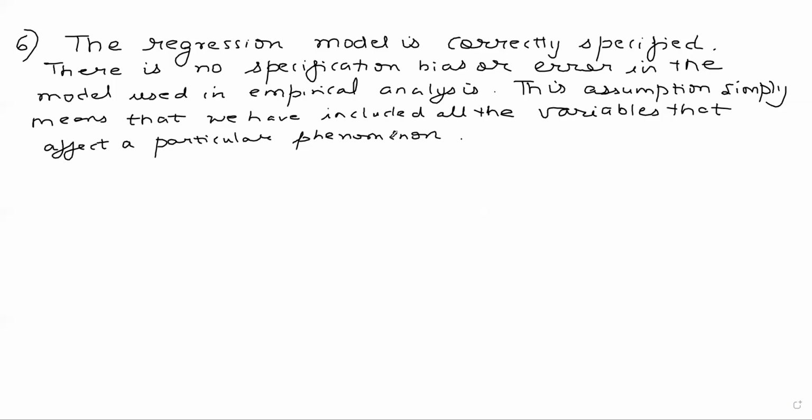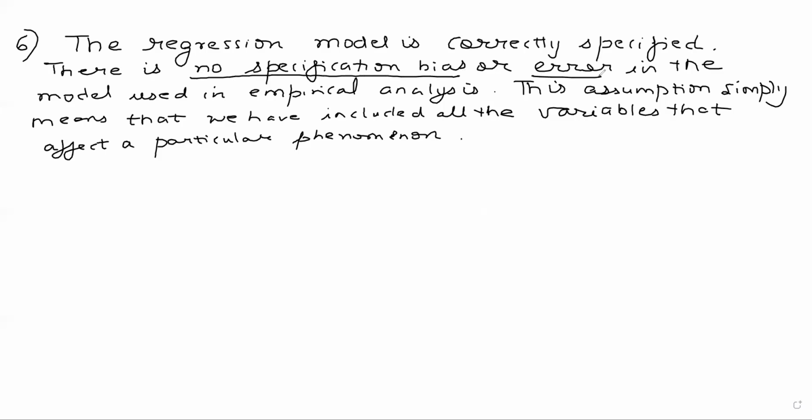When I say that the regression model is correctly specified, it means I have taken into account all variables which can have an impact on the dependent variable. And when the model is correctly specified, it means there is no specification bias or error.